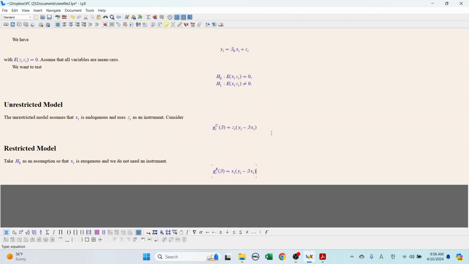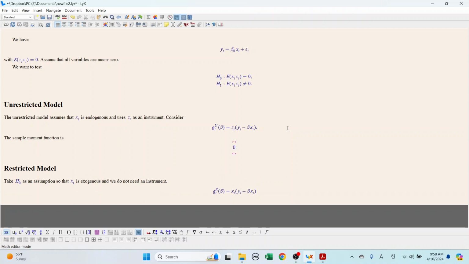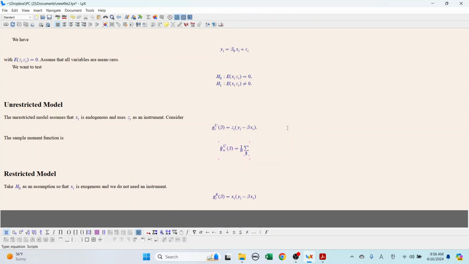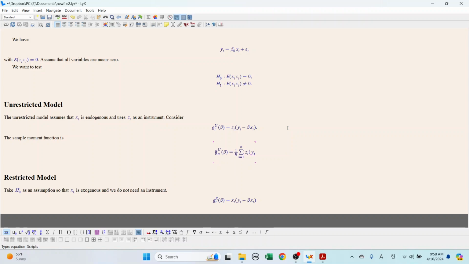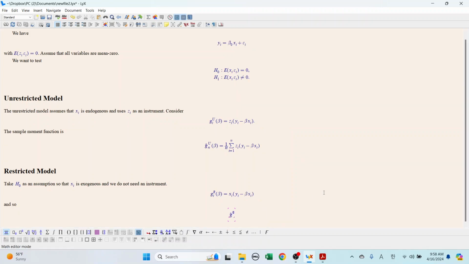Then the sample mean of the moment function is like this, and the restricted model has a similar sample moment function.